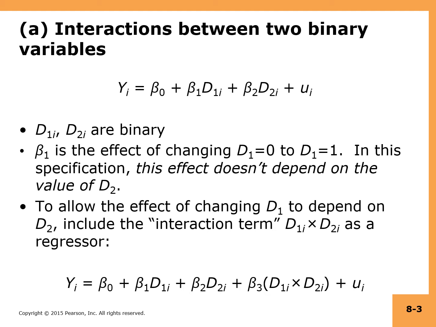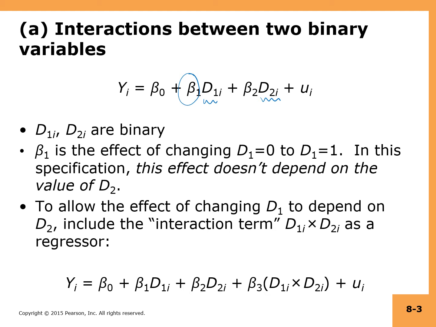We're going to start with the multiple linear regression model with 2 dummy variables, D1 and D2, where the values equal either 1 or 0. In this case, beta 1 is the effect of D1 on Y, holding D2 constant.